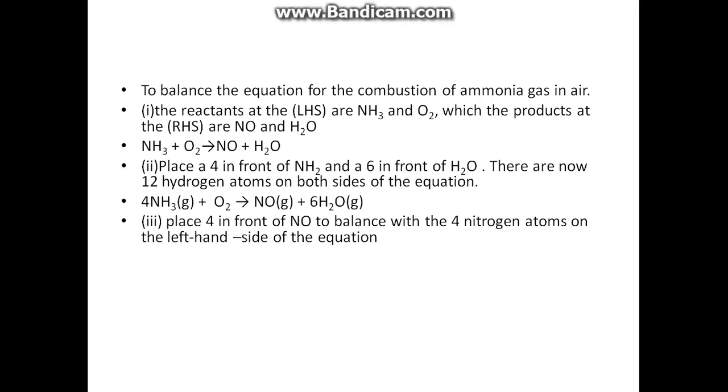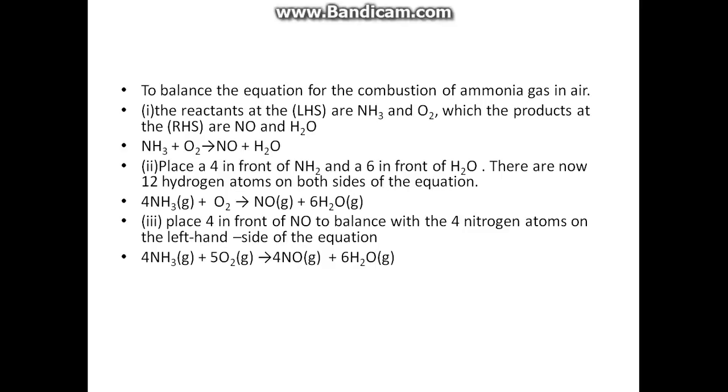We now have 4NH3 gas plus 5O2 oxygen to give 4NO, which is nitrogen oxide, plus 6 molecules of water, H2O. Now, if we check the equation, oxygen is 10 at the product.